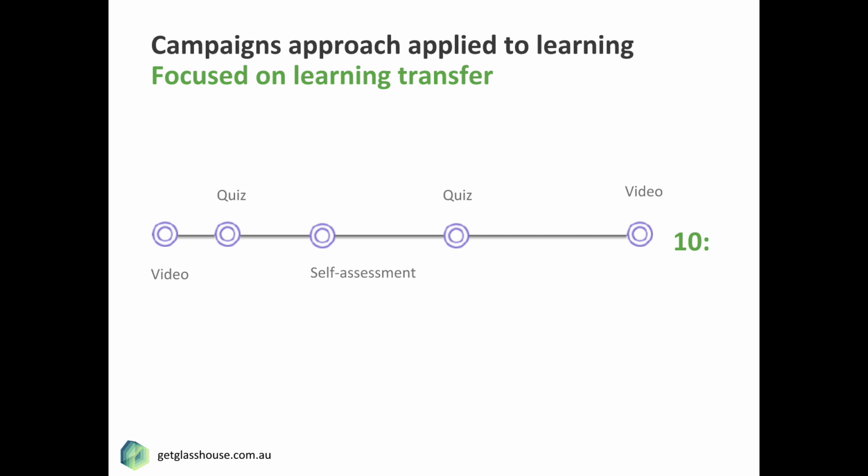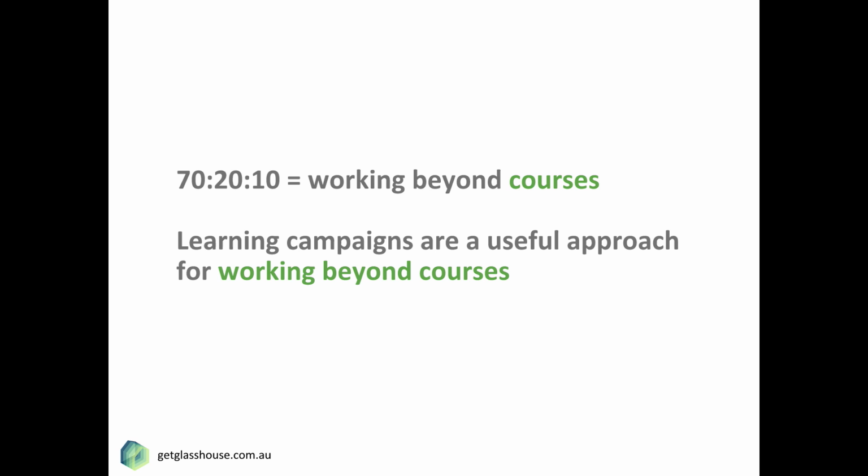Now, I think this is great, and we do lots of work, and it's a core part of what our platform Glasshouse does. But there's also this sense that 70-20-10 means working beyond courses, and learning campaigns is also a useful approach to that.